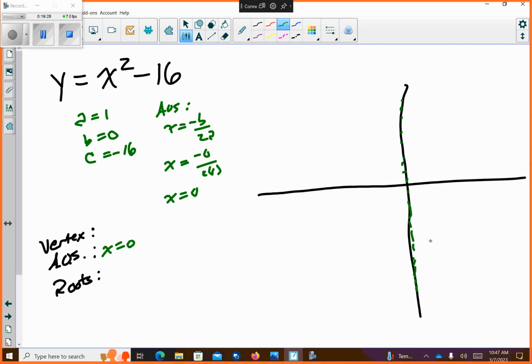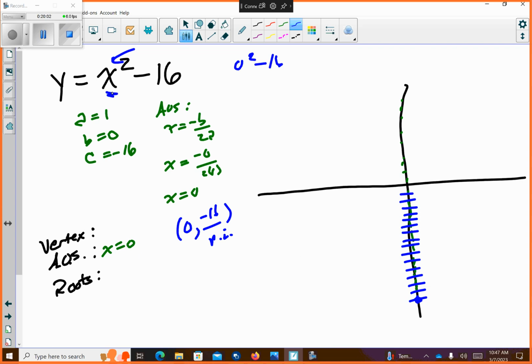Okay? To find the vertex, it's going to be 0 comma blank where I have to plug in. So I'm going to plug 0 in right there. And that gives me negative 16. I'm plugging 0 into the original equation.